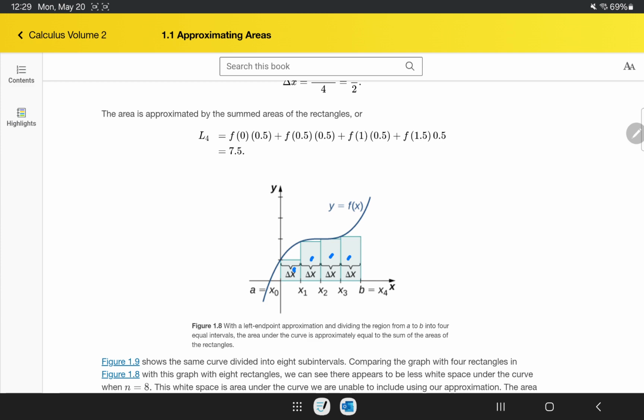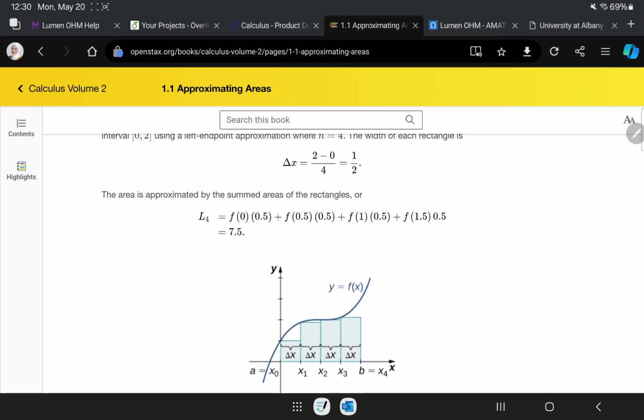Since it's a left endpoint approximation, I'm going to take these points. I'm taking 0, then adding 1/2, then adding another 1/2, which is 1, another 1/2, which is 1.5, and I'm multiplying by my delta x. If you add them up, you should get an approximation for the area under the curve here.